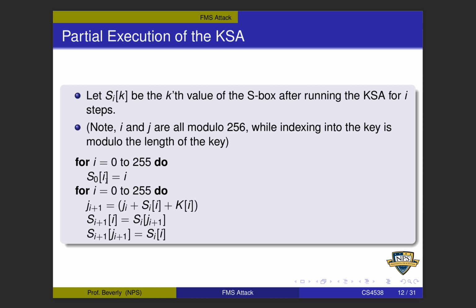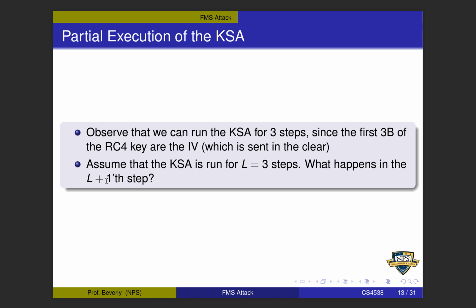The first thing that happens is the update of J, the new J, J of I plus 1, is equal to the previous J, J of I, plus the previous value of S sub I plus K of I. And then the next 2 equations here are simply swapping S of I and S of J. So we update S of I to be the old S of J, and then we update the new S of J to be the old S of I. This will all make sense more in a minute when we run an example, but stay with me for a little bit.